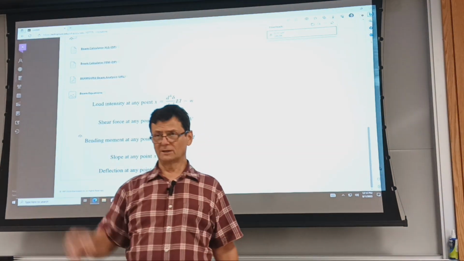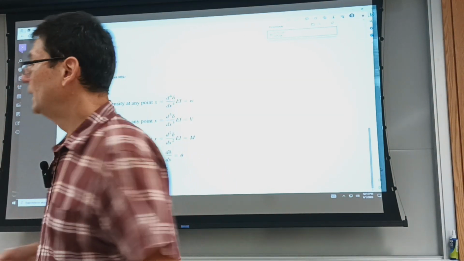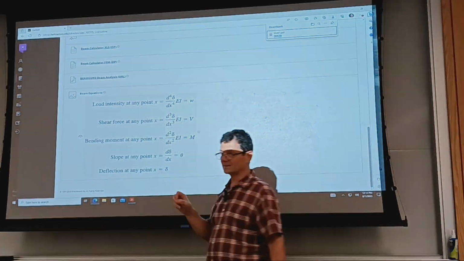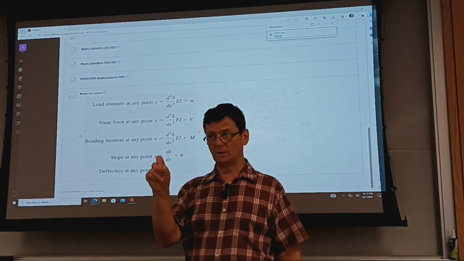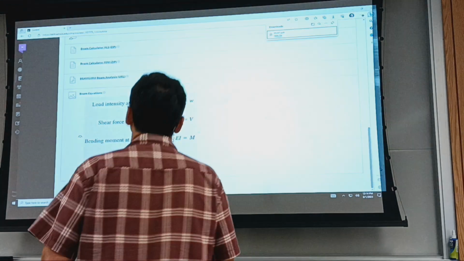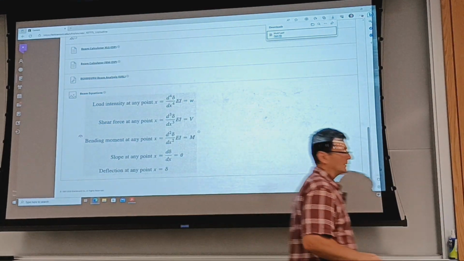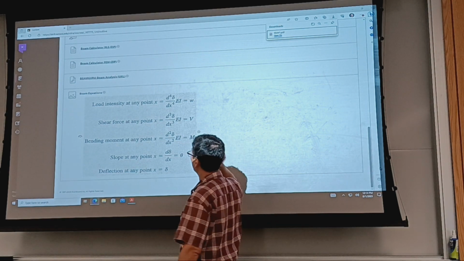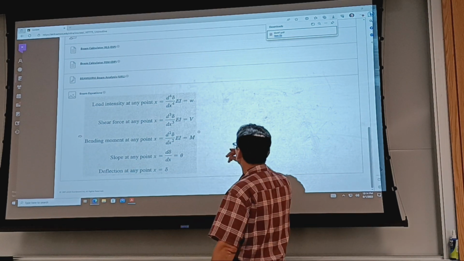You know this very well. You have a curve in 2D. If you have a curve y of x, the slope of the tangent at any point is going to be dy over dx. You know this from calculus, right? Okay. All right, so these are the equations. They're showing the derivative form, but you can of course go the other way.